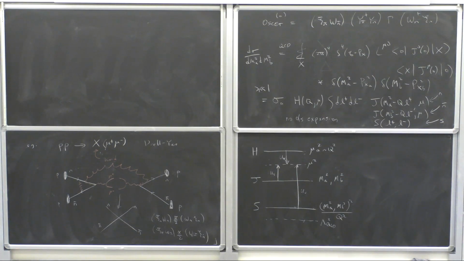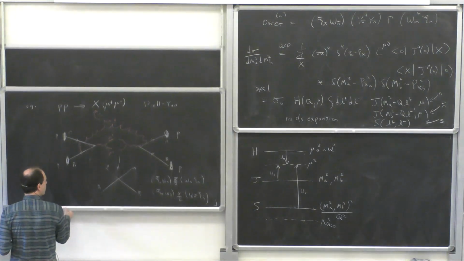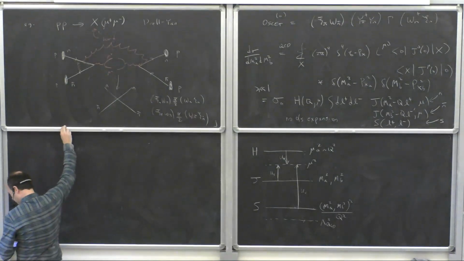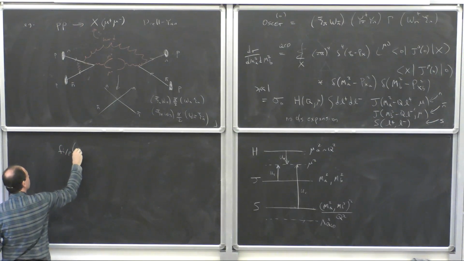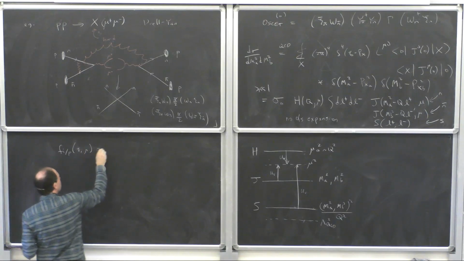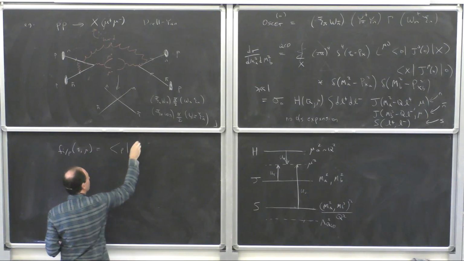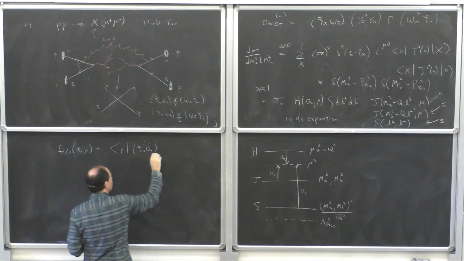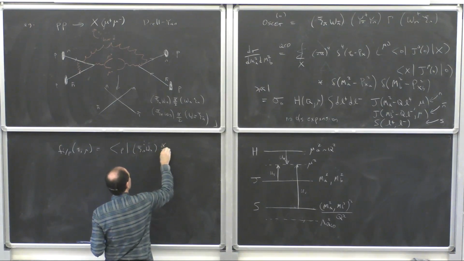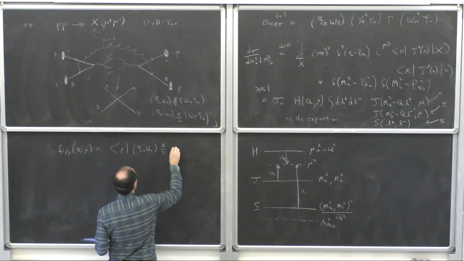The matrix elements of those operators are parton distribution functions. So f_i/p of ξ comma μ is a proton matrix element of χ-bar_n W_n, with flavor index i, n-bar-slash over 2.